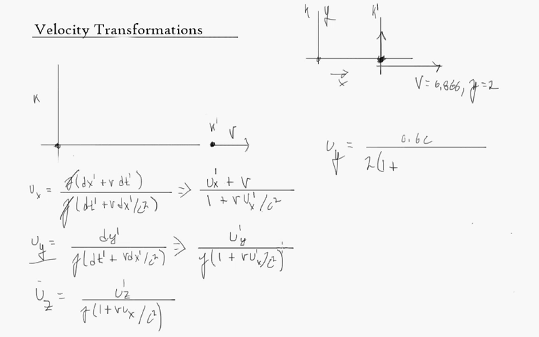1 plus the relative motion, that was 0.866 times u prime sub x. Okay, and this is where you maybe need to pay more attention, because u prime sub x, how does the measurement from the primed reference frame look? Well, u prime sub x is 0 because we shot out the rocket perpendicular to the x-axis.